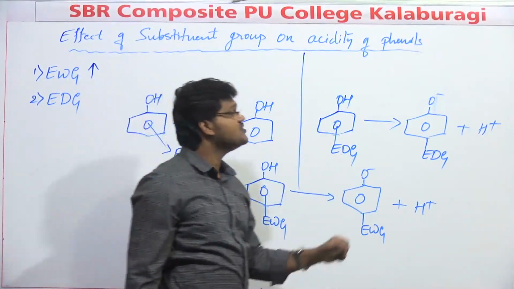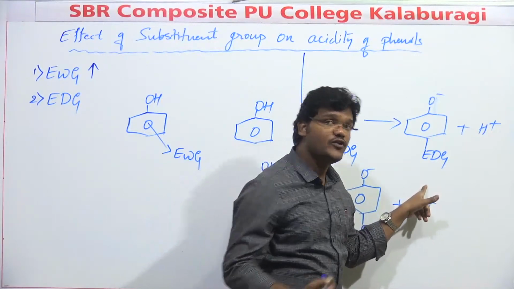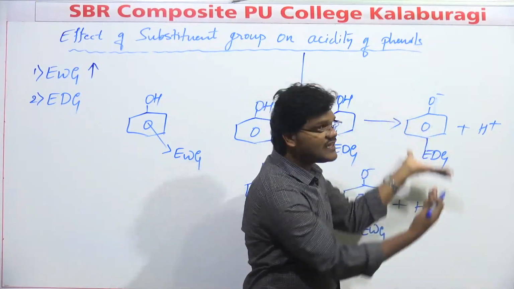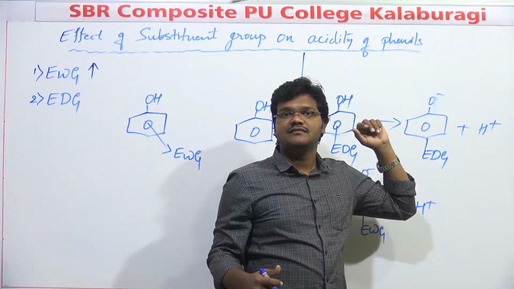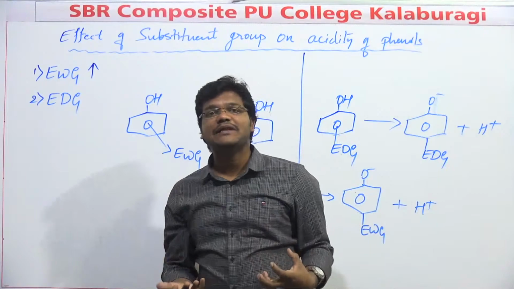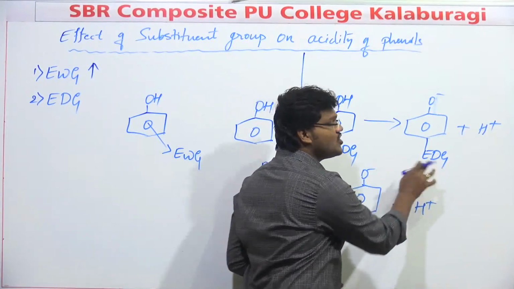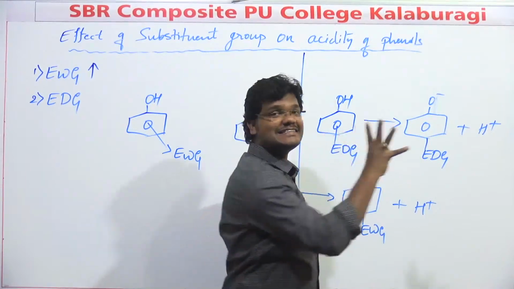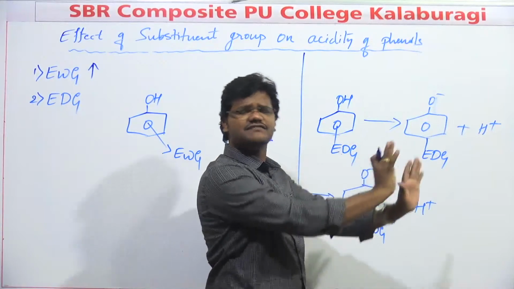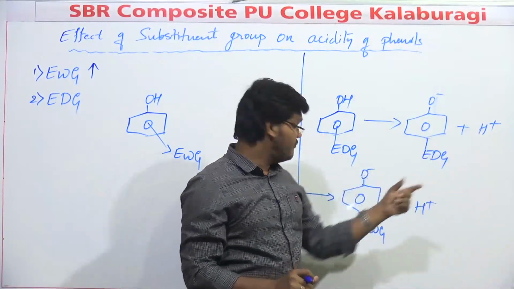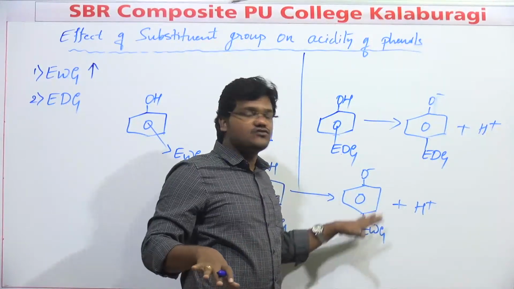Now what happens? This electron donating group will donate electron and further increase the electron density on O minus. So obviously that destabilizes the phenoxide ion. This electron donating group will intensify the negative charge on oxygen, whereas the electron withdrawing group used to disperse the negative charge throughout the molecule.